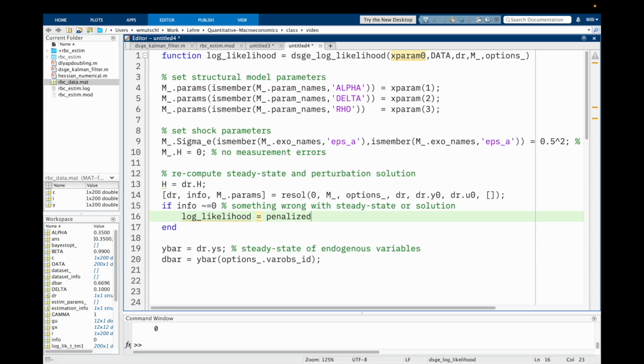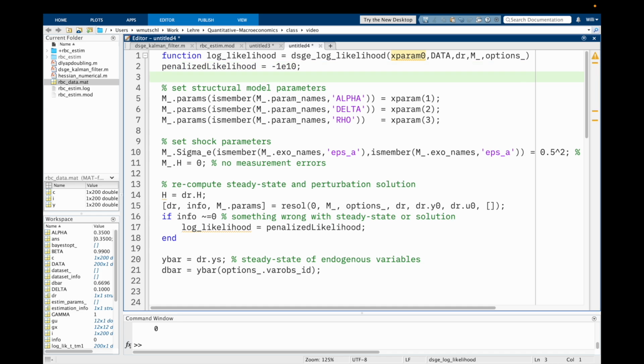So let me call that penalized likelihood, and let me define the penalized likelihood as minus 10 to the power of minus 10 or so, or 8, whatever. A very small number. You could also use minus inf.